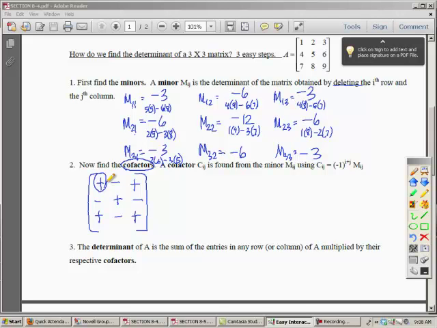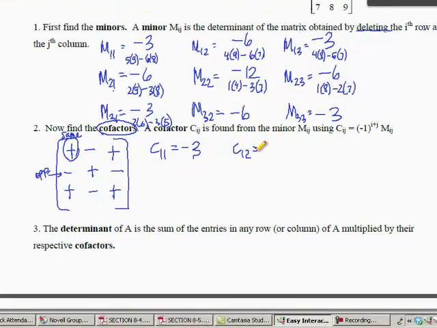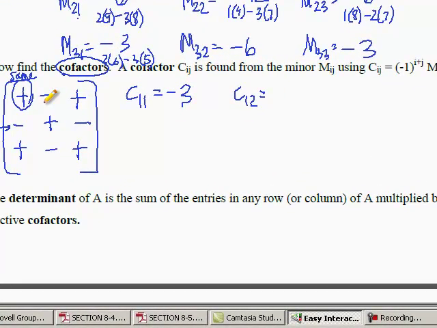Now, what this does, though, is it's going to help us then determine what we call our cofactors. So if I look at the cofactor of 1, 1, what it means when it says positive, positive means stay the same. Negative means make it the opposite. Okay, so if I keep the minor for 1, 1 the same, I get negative 3 as the cofactor. The cofactor for 1, 2, because the second column is negative, means change this to the opposite, you get a 6.